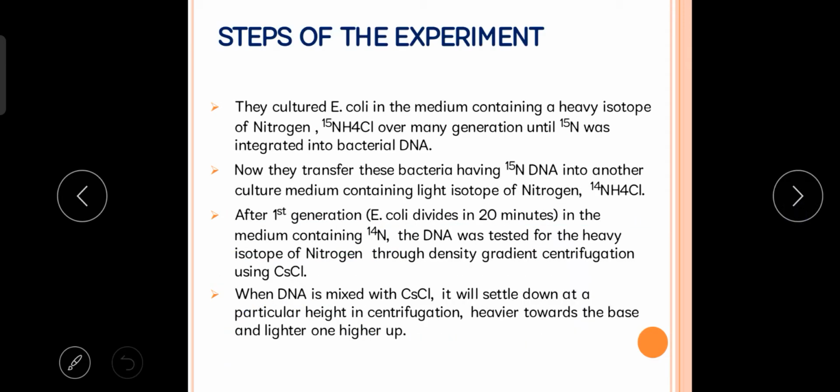Here are the steps of the experiment. They cultured the E. coli bacteria in a medium containing the heavy isotope of nitrogen, 15N. This compound is called ammonium chloride, where the nitrogen is labeled by the heavy isotope 15N.